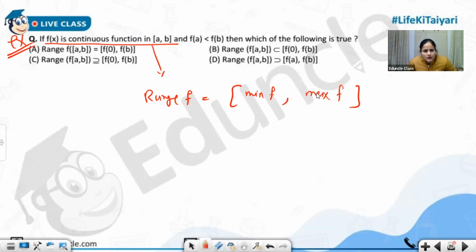Now which option will be correct? And if f(a) is less than f(b), then [f(a), f(b)] will always be contained in the range. Yes or no?